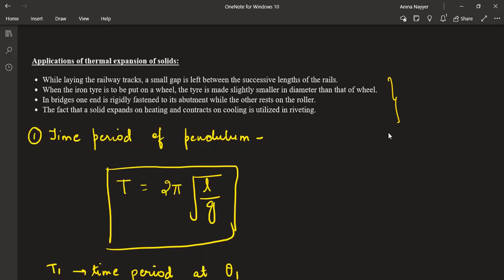One application is in the time period of a pendulum. See what happens. The pendulum clocks that are present have a metal bob attached with the help of a spring. As 1 hour is completed, this shifts. Then again 1 hour is completed, this shifts.